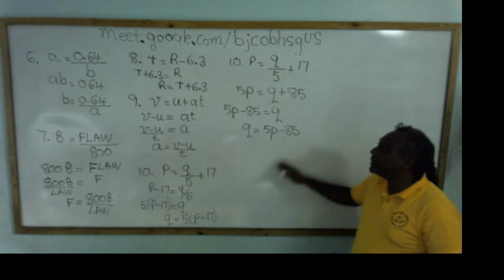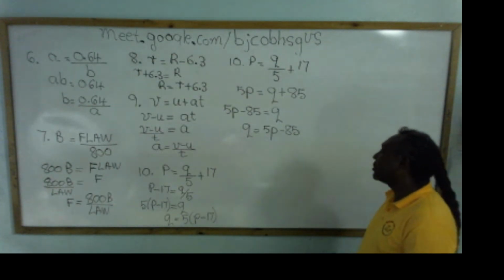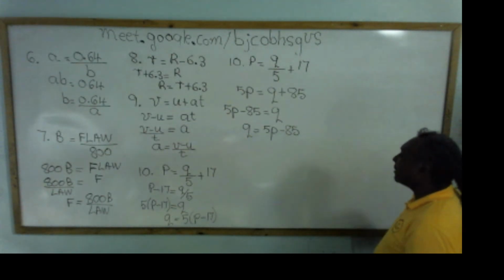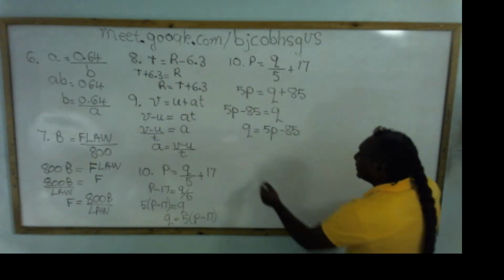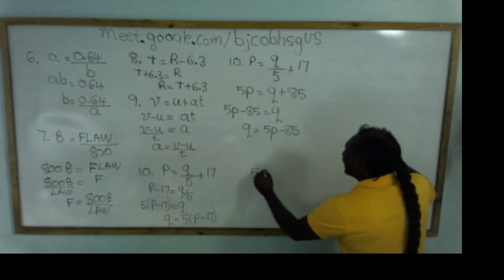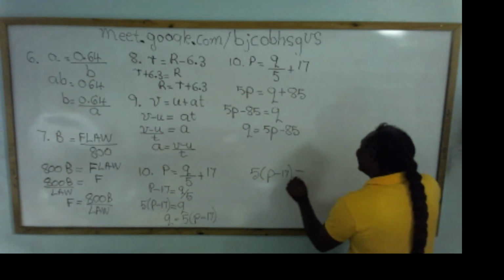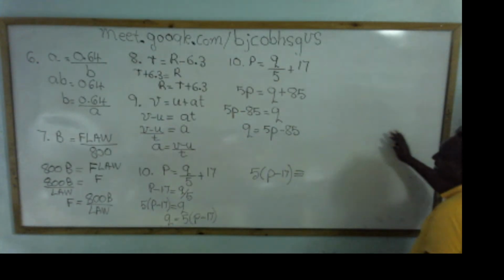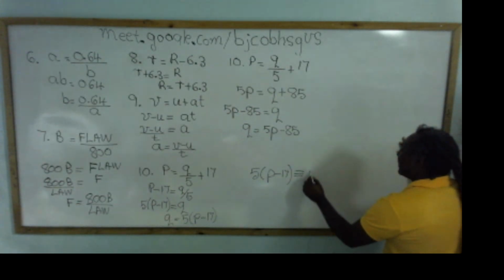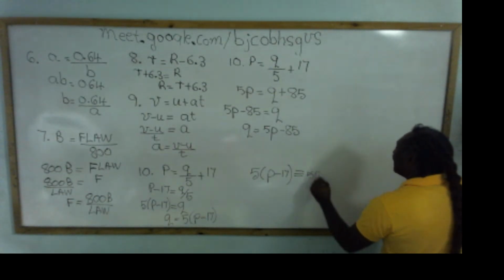So only the form is different, but they are identically equal. Let me show you how we represent that in mathematics. We represent this like this: 5 times all of p minus 17 is identically equal, three dashes, to 5p minus 85.